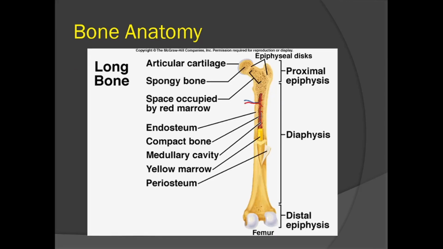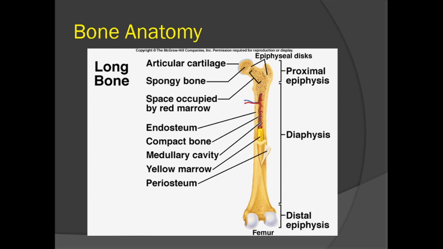And so here you can see a femur labeled with its variety of parts. We have articular cartilage at the end, we have the proximal epiphysis, and at the opposite end we have the distal epiphysis, and in the center is the diaphysis, or the shaft of that bone. There's spongy bone at the ends and predominantly compact bone in the center.